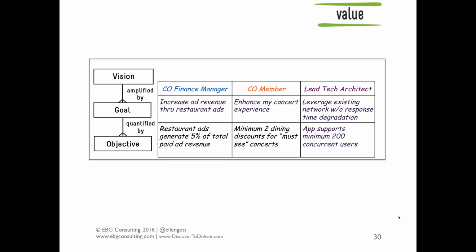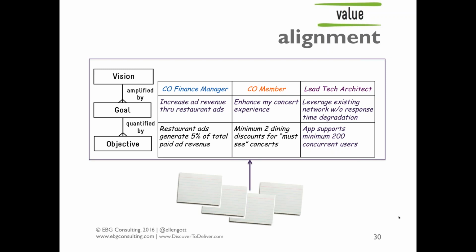So you may use KPIs, key performance indicators, or you may use OKRs, objectives and key results. Whatever you call them, it's important to avoid chaos by clearly and transparently communicating what value means for you and for your partners. So any story that you may have in your backlog must align to value.